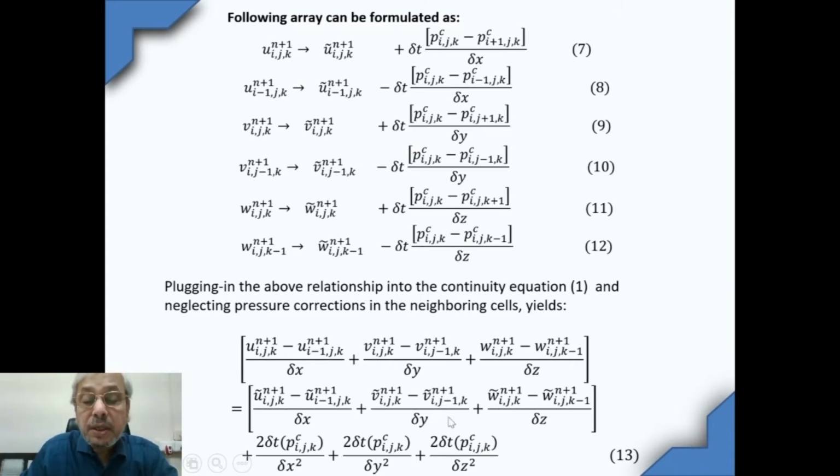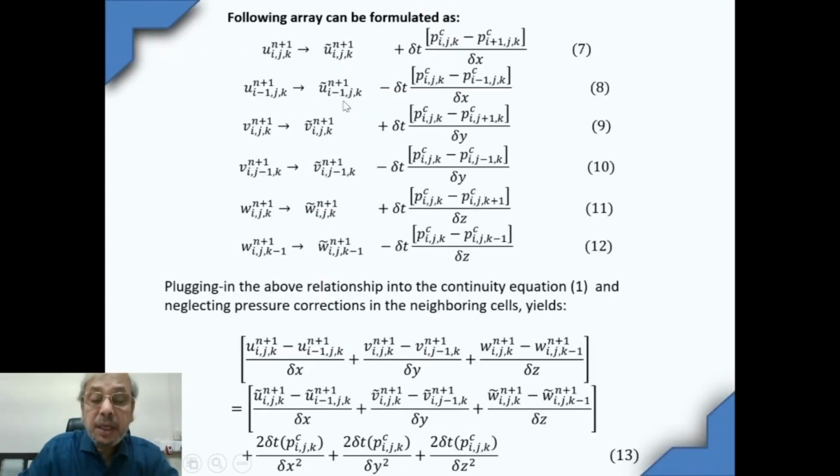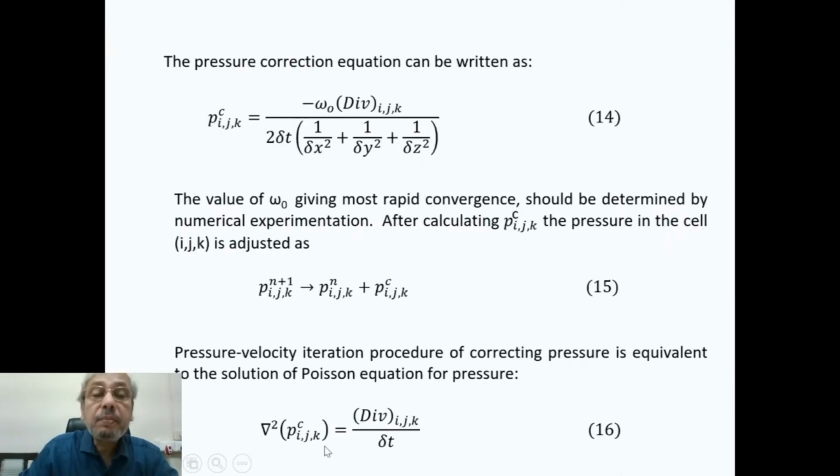So this provisionally advanced velocity will produce in each cell a non-zero divergence, divided by the coefficients of the Pijk term.